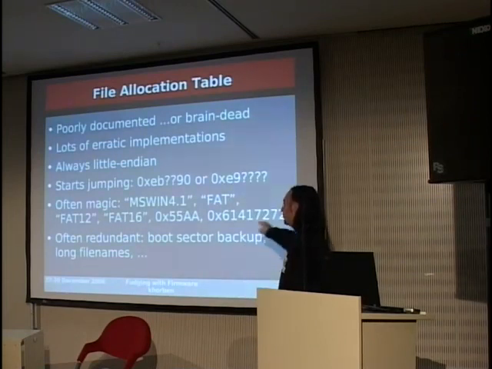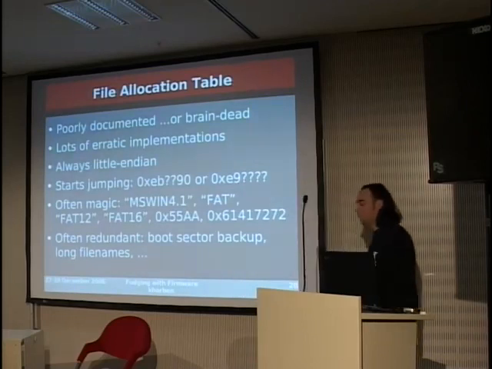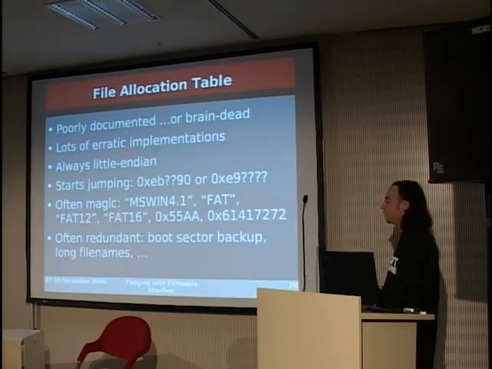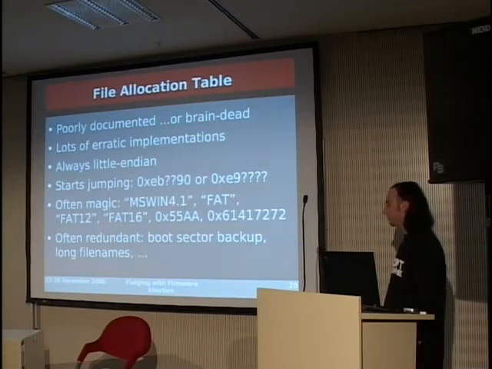And we have even more magic. Again, the same magic as the bootloaders, some random magic for file structures. And we have even more redundancy than before because the long file names are actually duplicates of the short ones. So if you see the same file names written twice all the time in short sequences, there's a good chance it's going to be a FAT file.